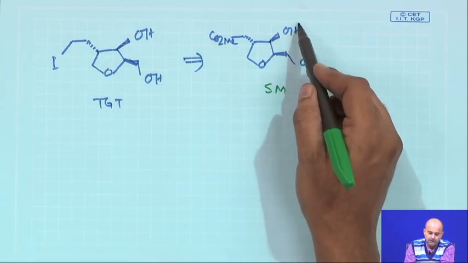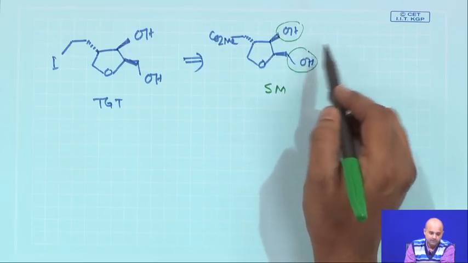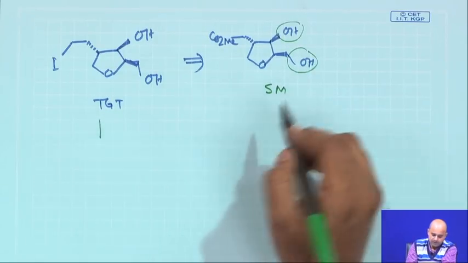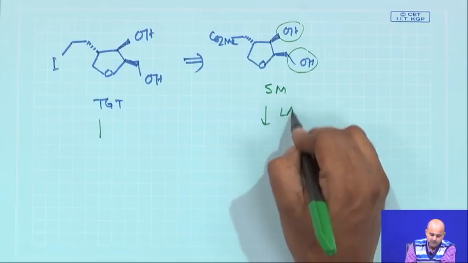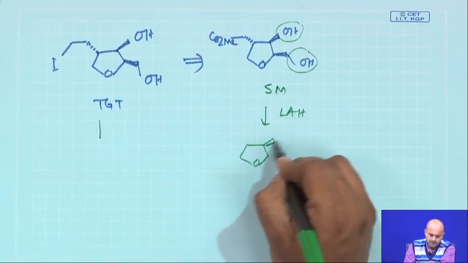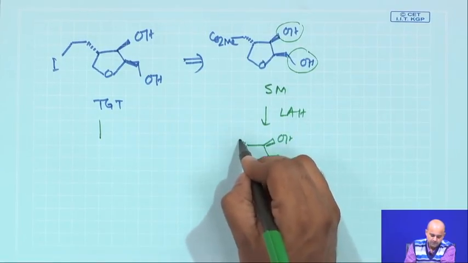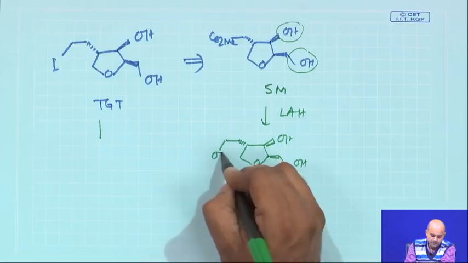The point is there is another OH group in between. So, if you just simply react with lithium aluminum hydride, what will you end up with? You will get OH, CH2OH, CH2CH2OH.